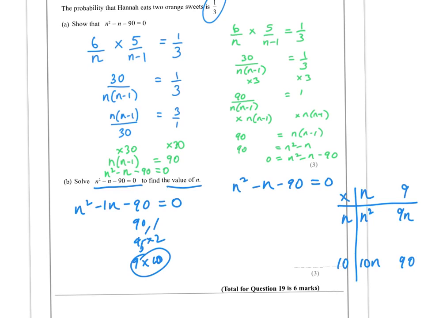Well, we want a negative 90, so it means that it's either going to be this case here or this case. So let's say we went with that case first. We'd have the n times the minus 9, that would be minus 9n.